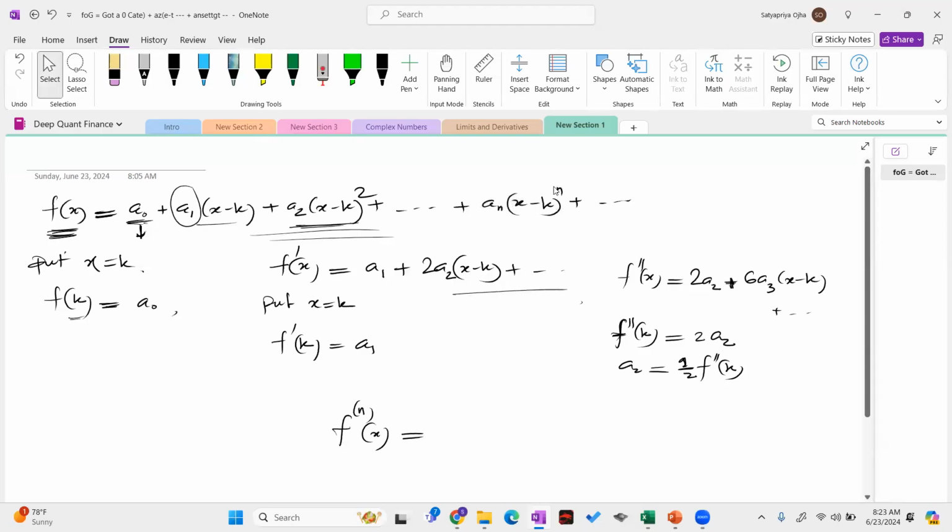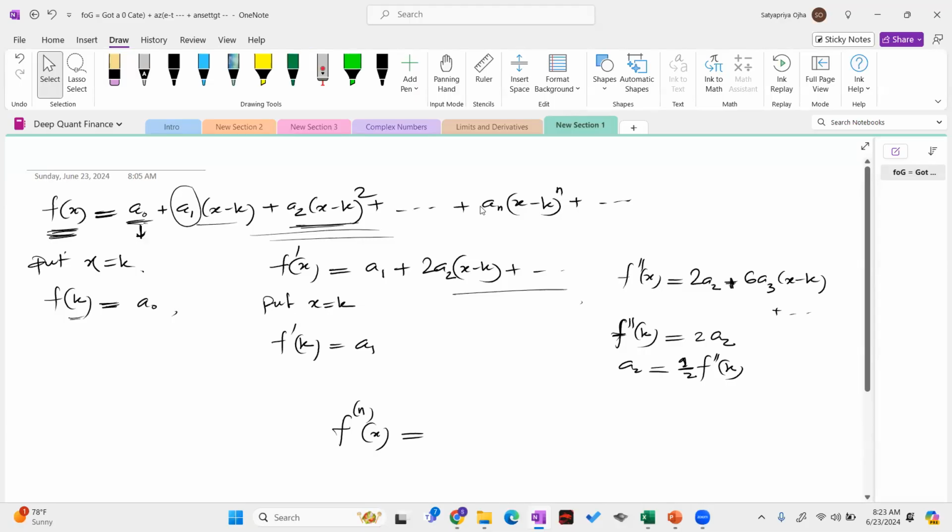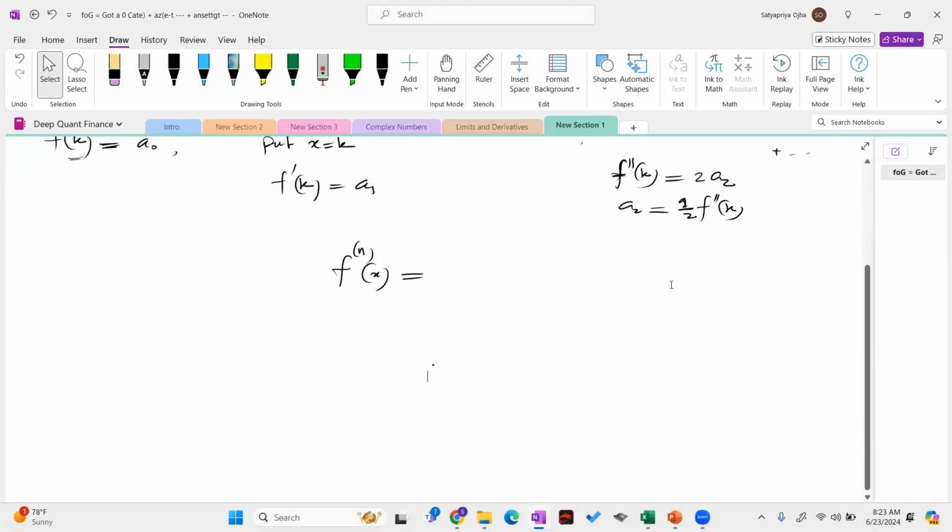So in the nth differentiation, what will happen to this guy? Let's see. This is my original term before any differentiation.